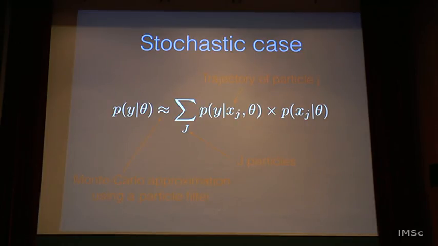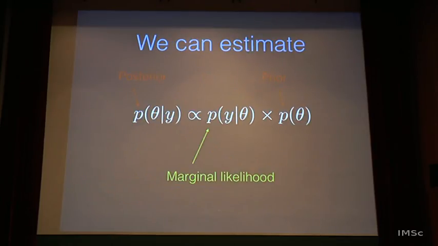The objective is to obtain a Monte Carlo approximation, and this can be done using a particle filter. So in this case, we cannot really compute, but we can estimate. And if we can estimate, it will work. So we have an estimate, if you want, of the posterior density.